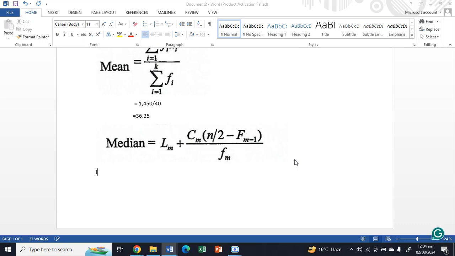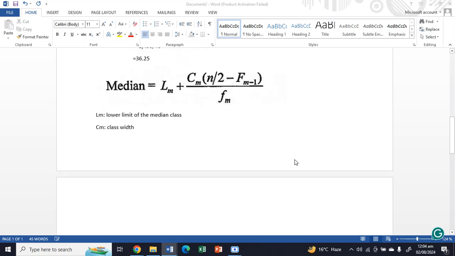LM, this formula means the lower limit of the median class. CM represents the class width. This small letter n represents total frequency.